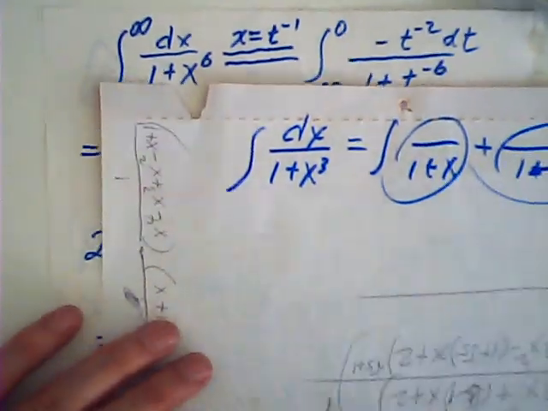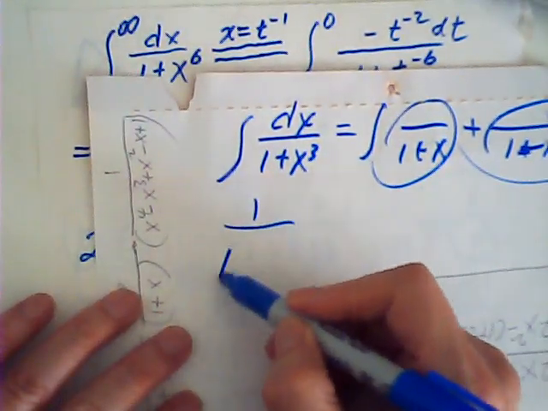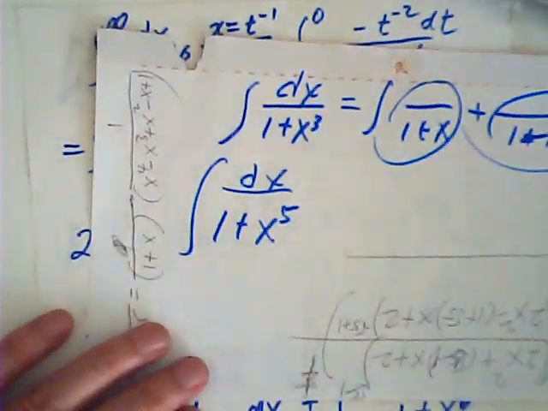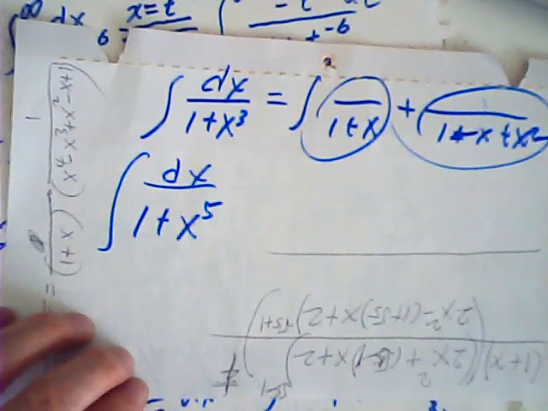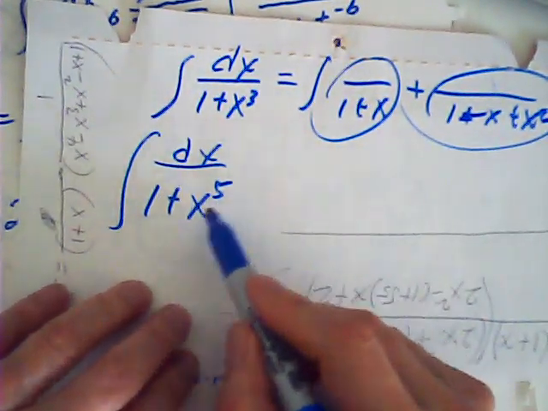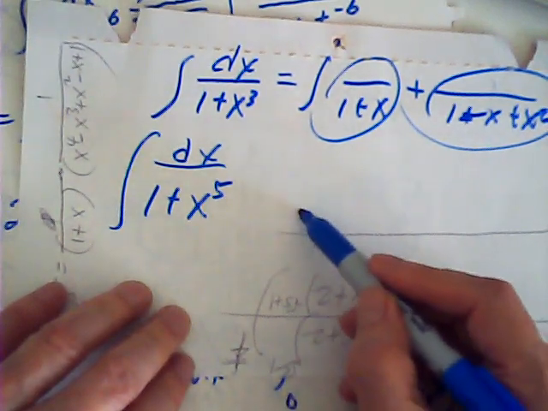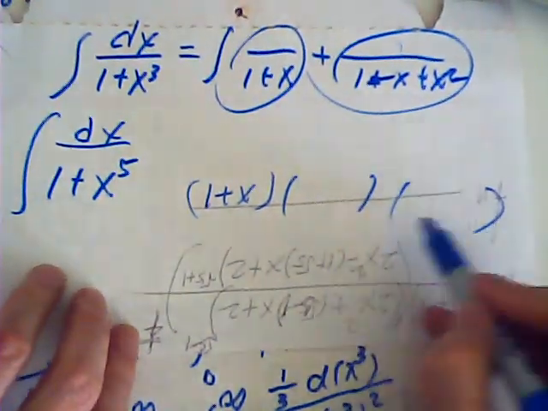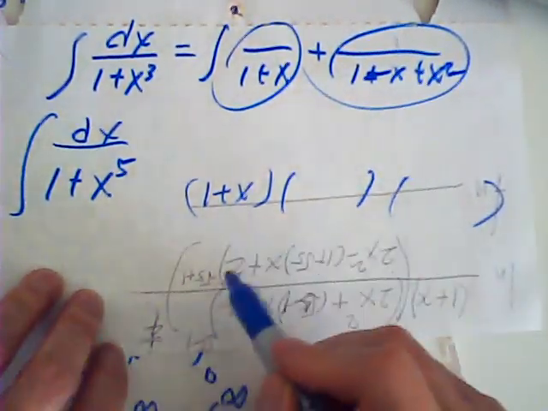Well, still okay because 3 is not very high. If this number is 5, then this is rather complicated because the denominator is 1 plus x plus 2 irreducible quadratics.